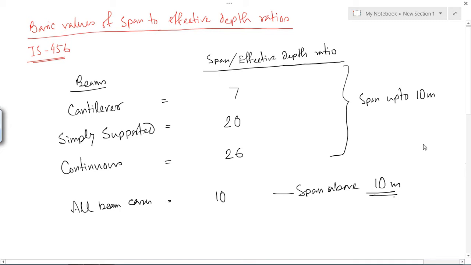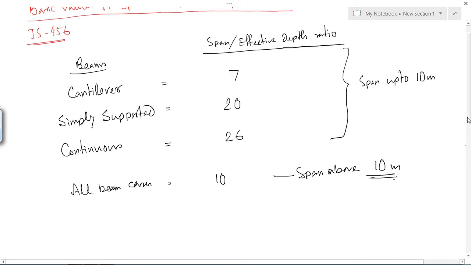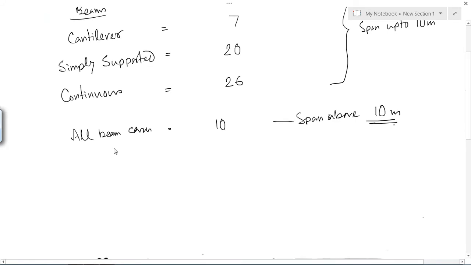So to find the effective depth, you need to know a formula first. The formula is: effective depth is equal to span divided by the value, these values, or you can say the ratio, into modification factor, MF.